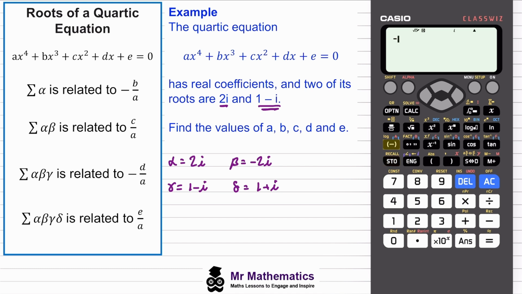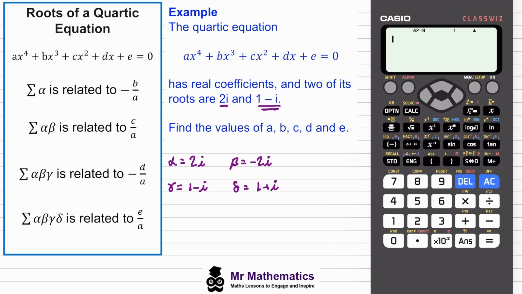We'll have negative 2i, which we'll store as variable b, 1 minus i, which we'll store as variable c, and 1 plus i, which we'll store as variable d. Now we can work out each of these 4 values.